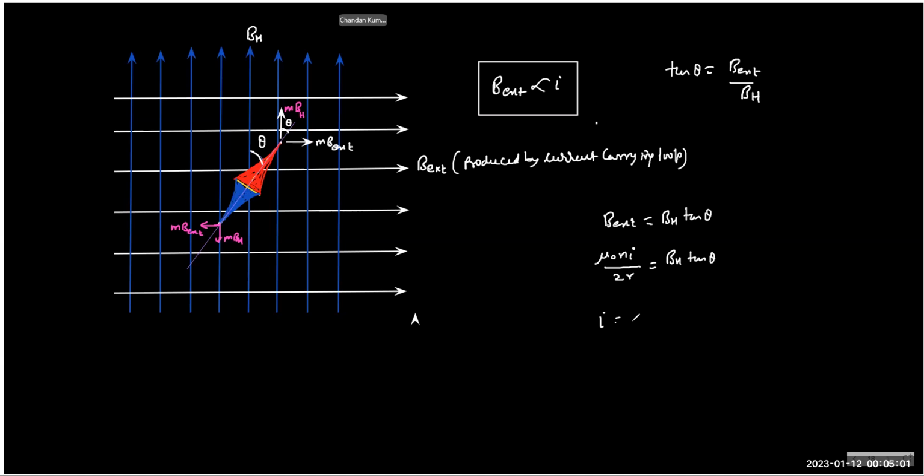So I is how much? 2R BH upon mu naught N into tan theta. And because of this particular relation, the current is proportional to tan theta. We call it tangent galvanometer. So the name is clear why it is called tangent galvanometer. This is called the tangent law.